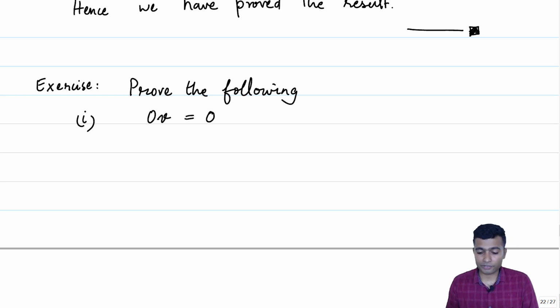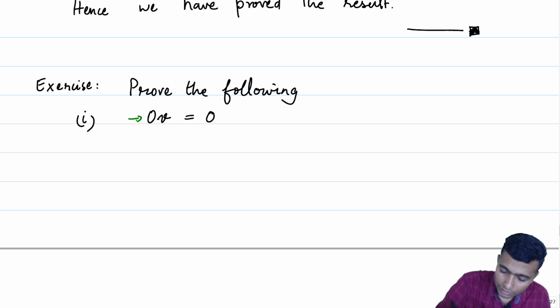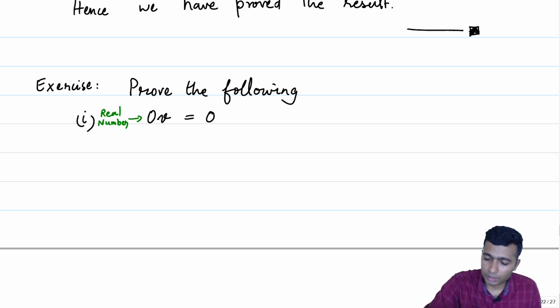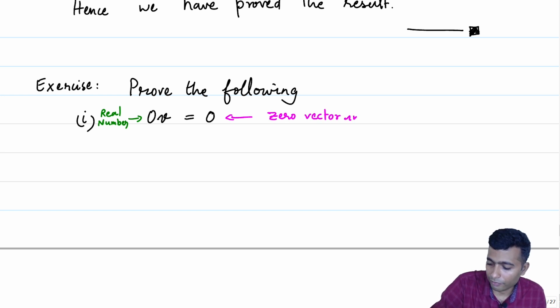So, if you observe carefully, the left hand side is the scalar 0 multiplied to V, the scalar multiplication of the real number 0 to V. So, let me just note that this is the real number 0 and this is the 0 vector in V.